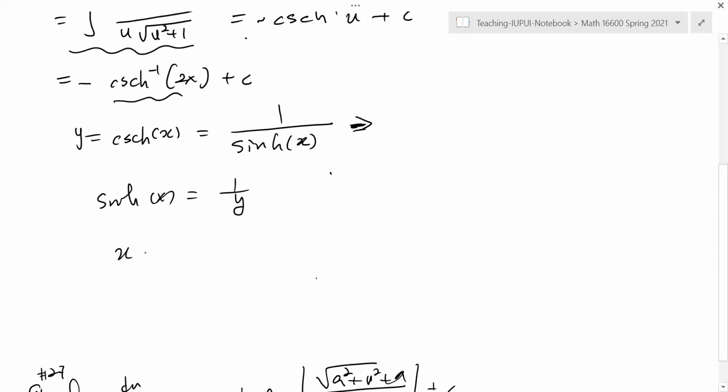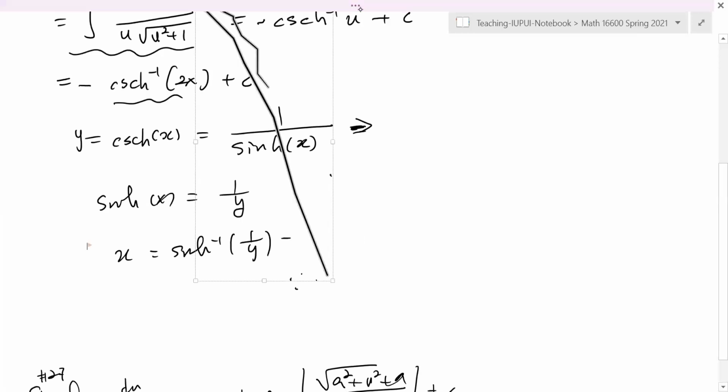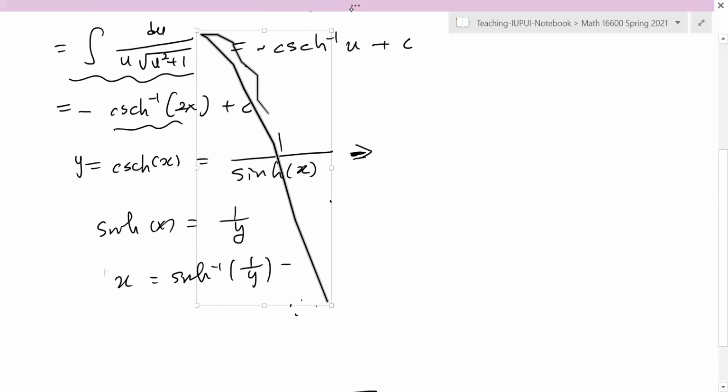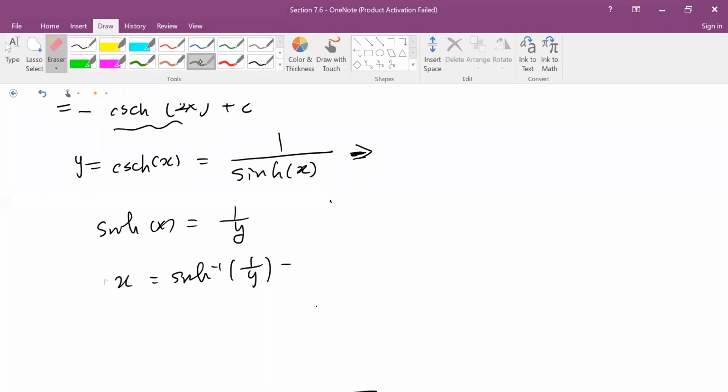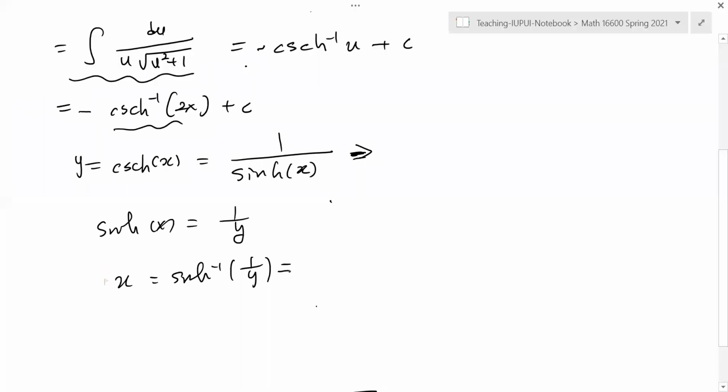Okay, so x is going to be, okay, now it's correct. Okay, so the formula is given on the page. In the place of x, I have to put this. Okay. So this is our inverse function.